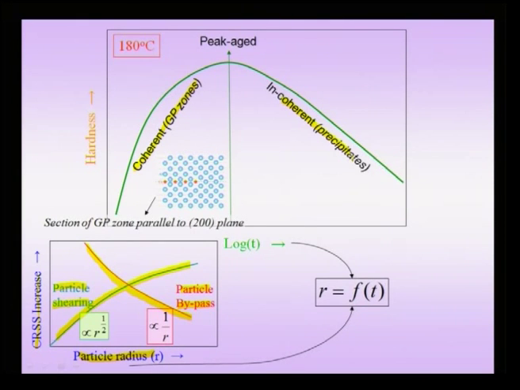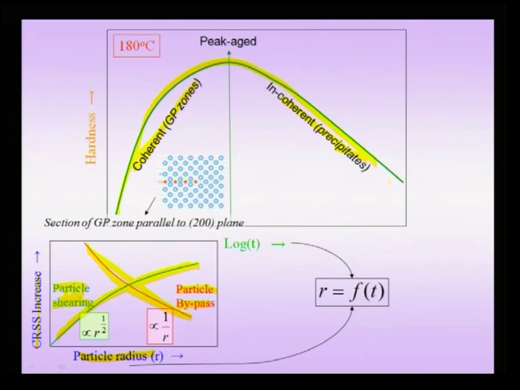Therefore, in the initial regimes you expect the particle shearing mechanism to be operative, and for larger aging times the dislocation will have to bypass the precipitate. Looking at the two dependencies, one curve increases and the other decreases, so the sum of these two curves should look like this, going up and coming down.